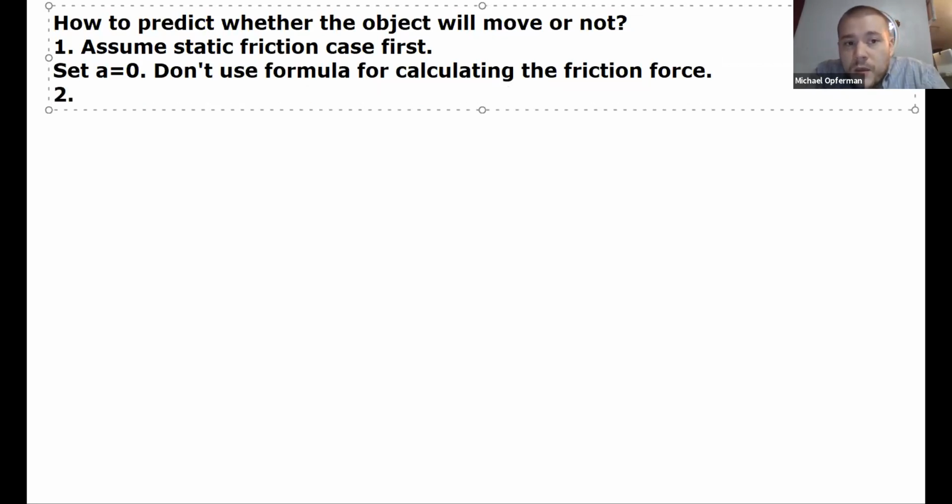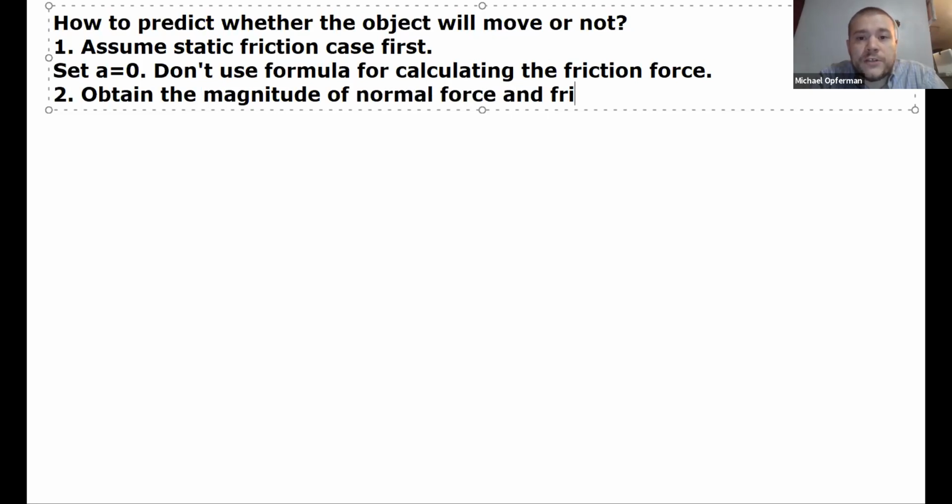So now you actually solve the problem assuming static friction. What that means is you are going to obtain the magnitude of the normal force and the friction force under the assumption that it's static friction.